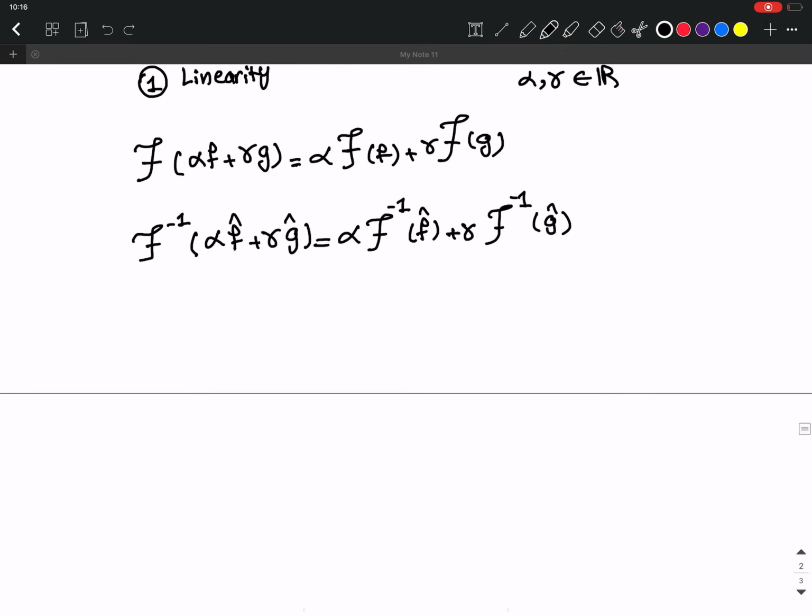Okay, so the second property that I want to mention here is the transform of derivative. And this is very important, because you see the beauty of these Fourier transforms here.